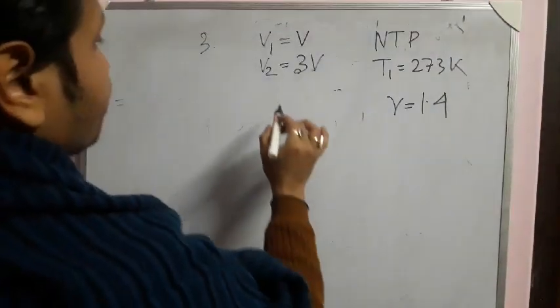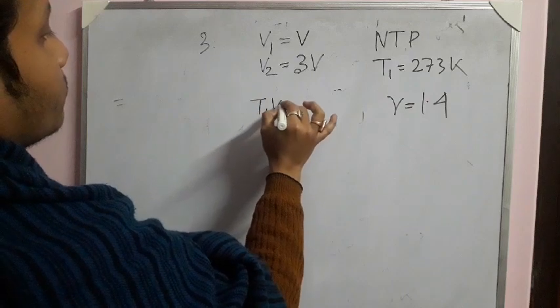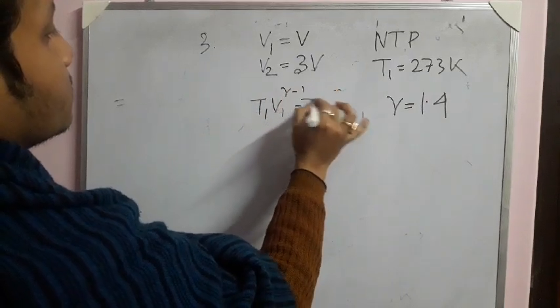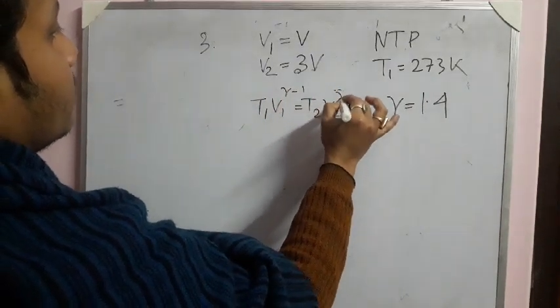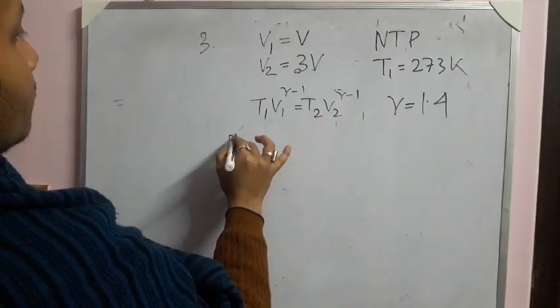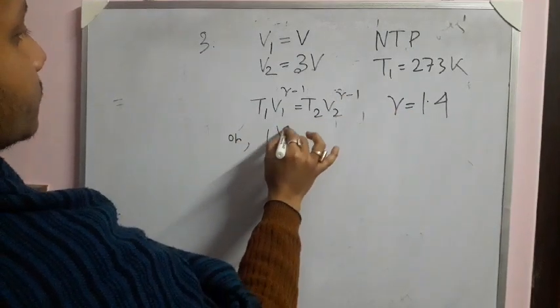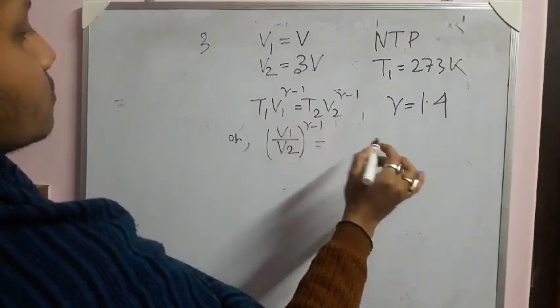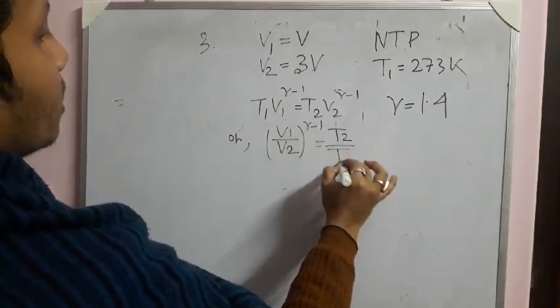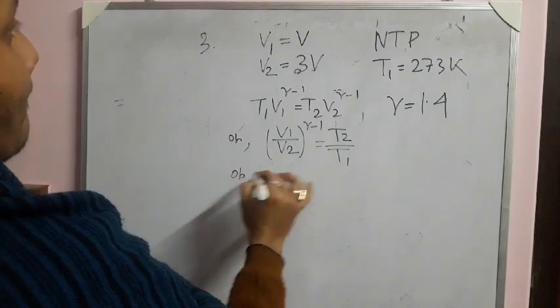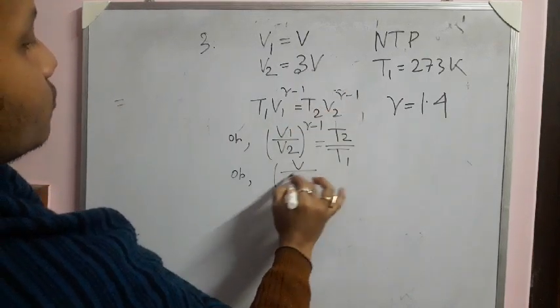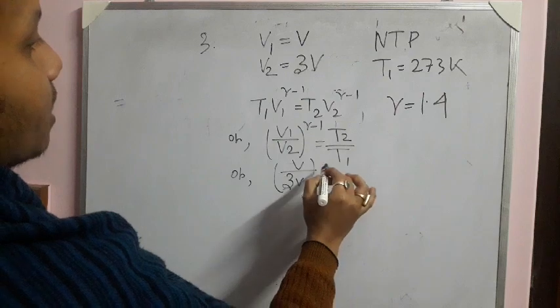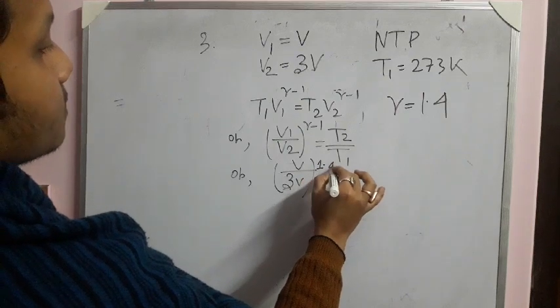So this is also easy. We know the relation T1 V1 to the power gamma minus 1 equals T2 V2 to the power gamma minus 1. Now V1 by V2 to the power gamma minus 1 is equal to T2 by T1. So V1 is V and V2 is 3V, and you take gamma 1.4 minus 1.